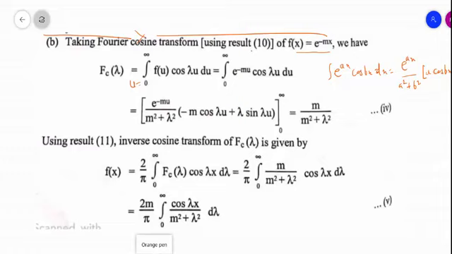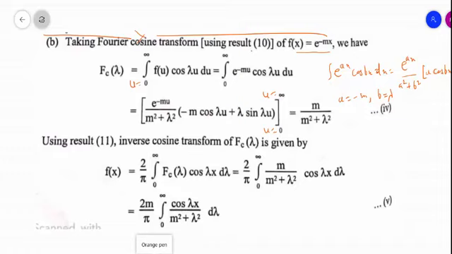Here the coefficient of x in the exponential function is minus u, so we have to replace a by minus u and b by lambda and x by u. So we get this term, and here the upper limit is u equal to lambda and the lower limit is u equal to 0. Substitute the upper limit u equal to lambda.